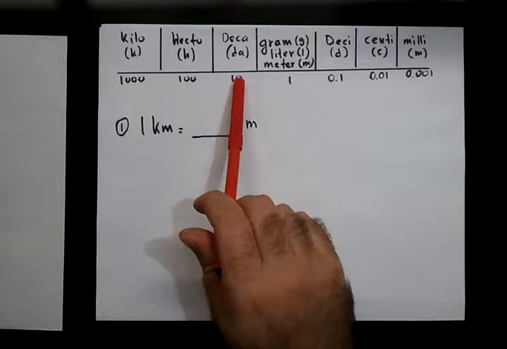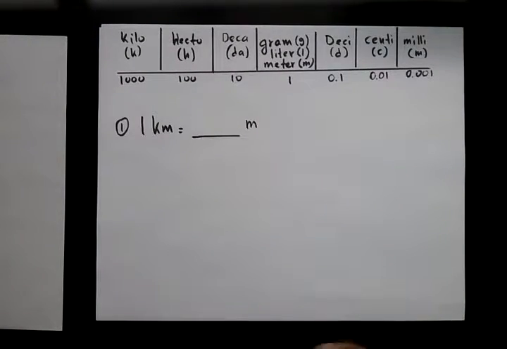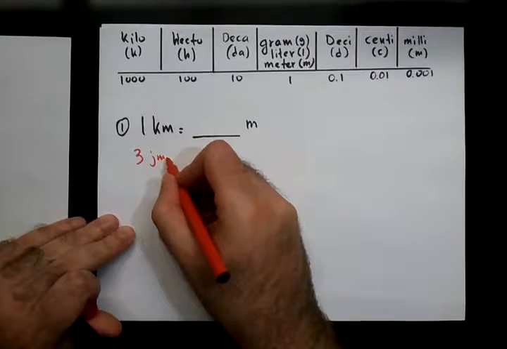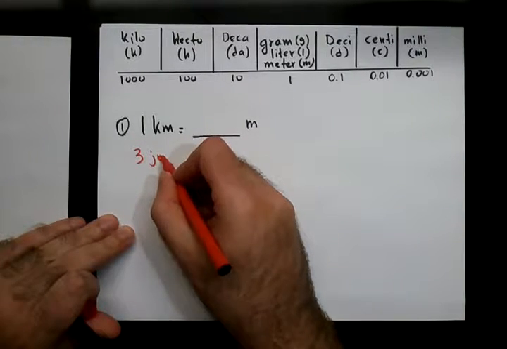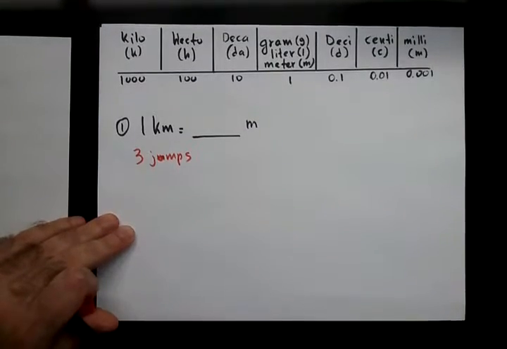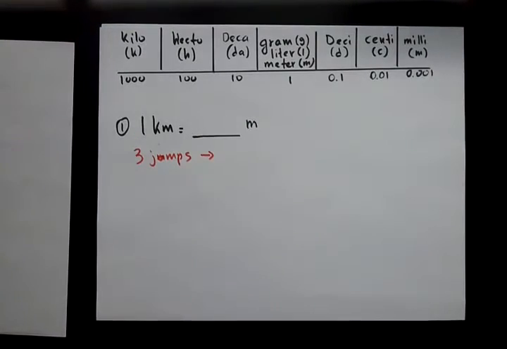That's another jump. And here is our third jump. So we made 3 jumps, and we went in the right direction.